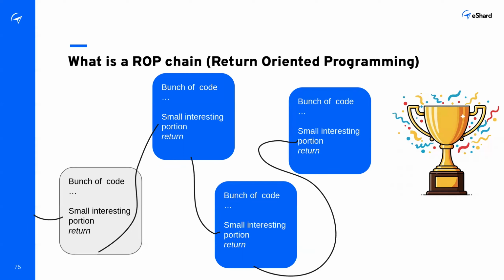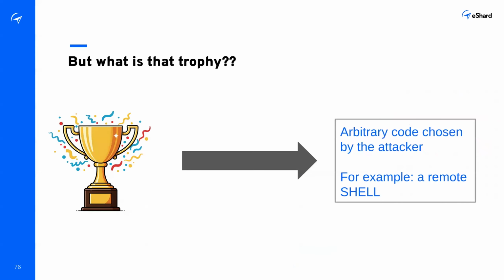So the approach is going to be a ROP chain, return-oriented programming. Essentially, because the stack is non-executable, we cannot push our code directly onto the stack, so we can try and build something out of already existing code. We just jump from existing code to existing code and chain that into our big trophy. But what is our trophy?